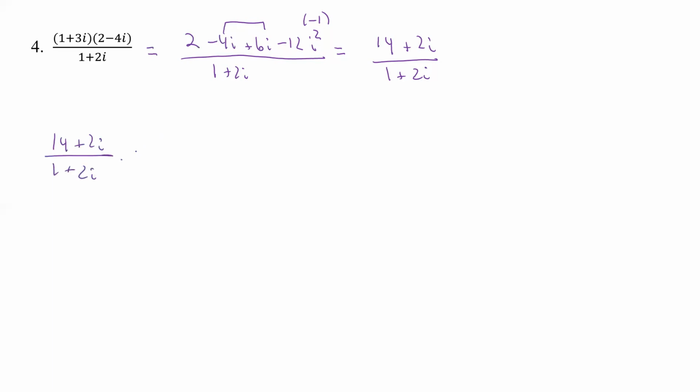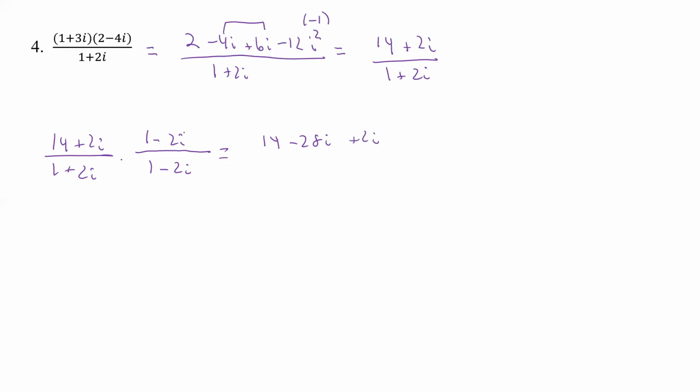I'm going to have to multiply by that complex conjugate. And remember, all we do is we change that sign, so it's going to be 1 minus 2i. And what I do down there, I do up here. All right, so again, 14 times 1 gives me 14. Then 14 times the negative 2, so that's going to give me a negative 28i. Then inner is 2i times 1, so that's going to be plus 2i.